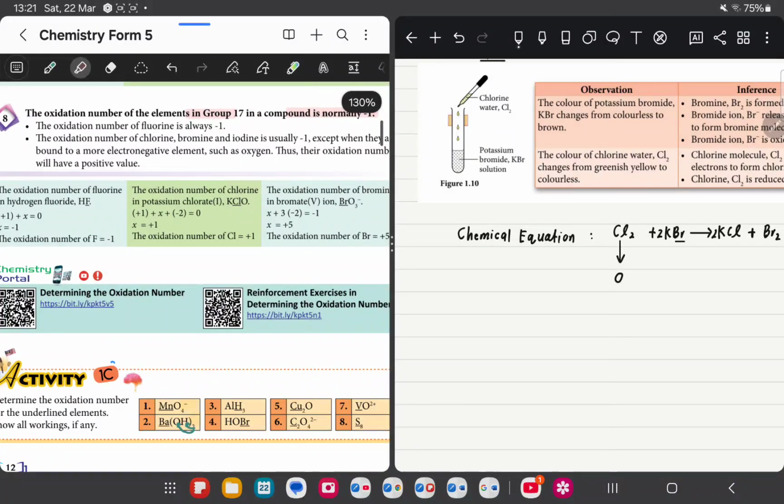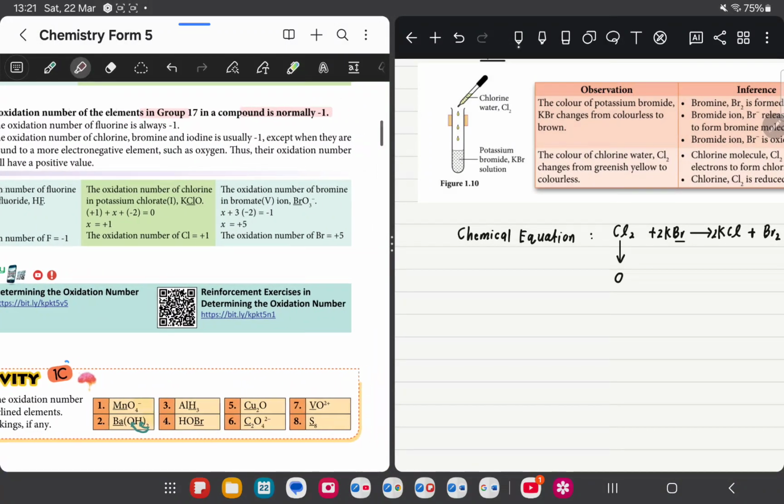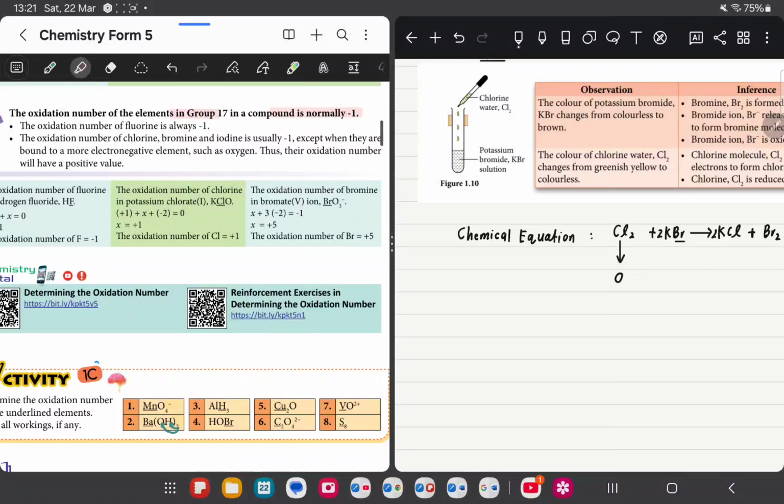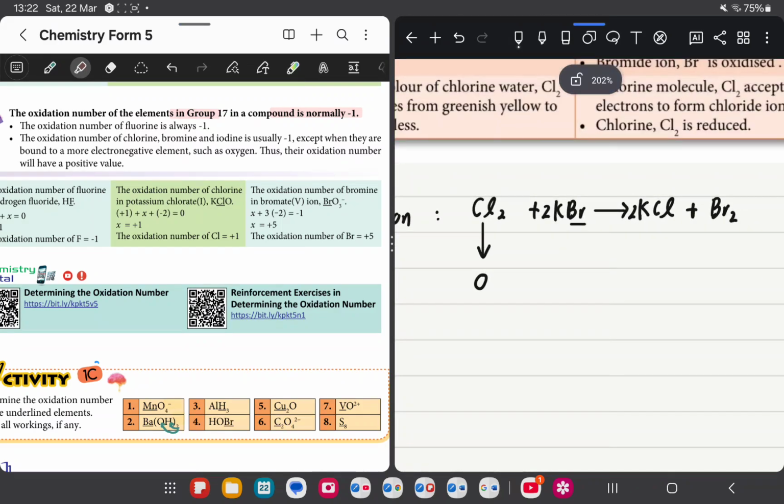The oxidation number of chlorine and bromine is -1 except when they are bound to a more electronegative element such as oxygen. Then their oxidation number will have a positive value. In this case your Br doesn't combine with oxygen, so its oxidation number is -1. See, your textbook gives a complete guide.